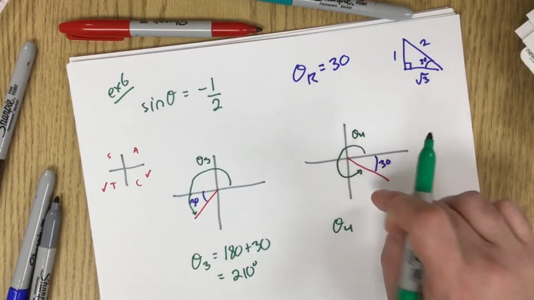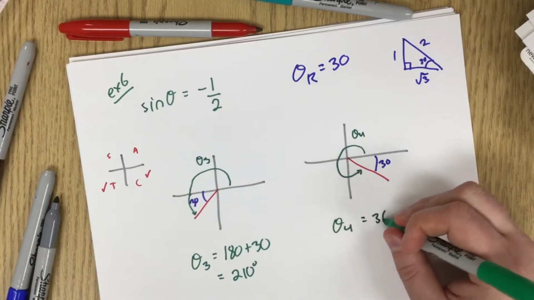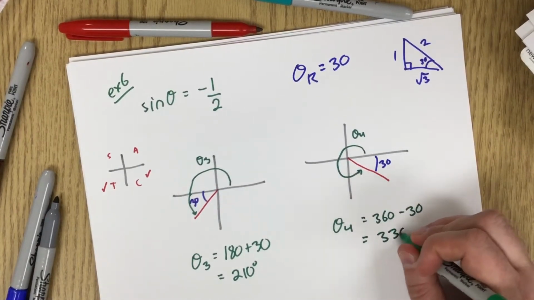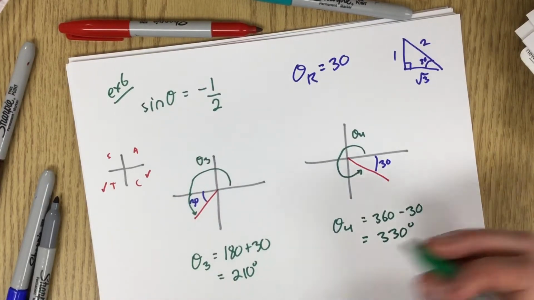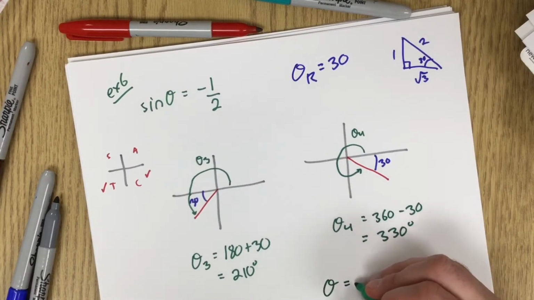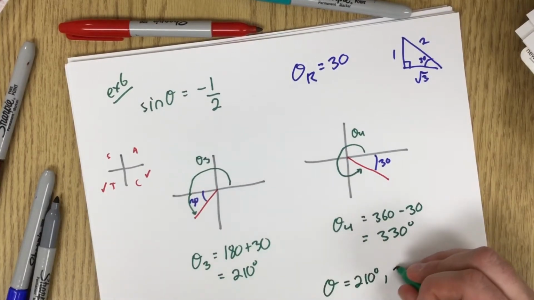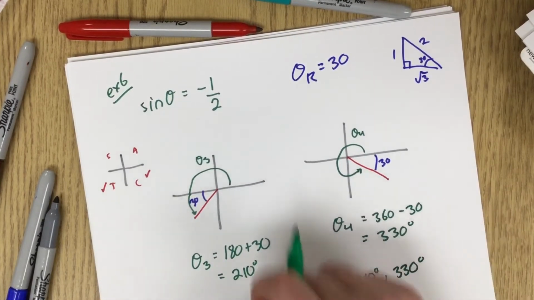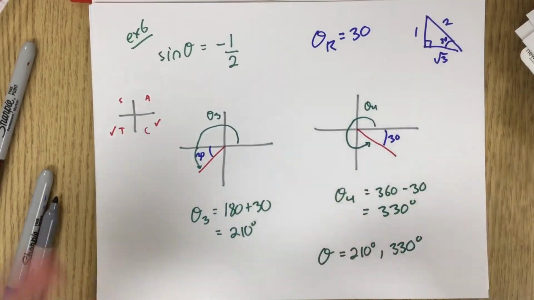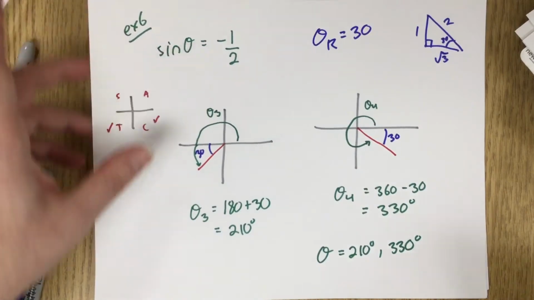It's the full 360 minus the 30, which is going to be 330 degrees. And so the answers are, theta is 210 degrees, or 330 degrees, or of course, many other coterminal answers, adding 360 or subtracting 360, as the case may be.